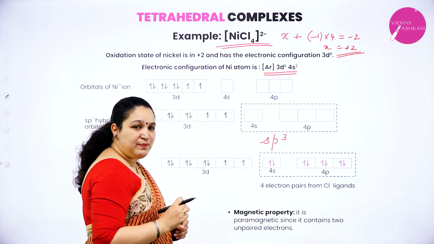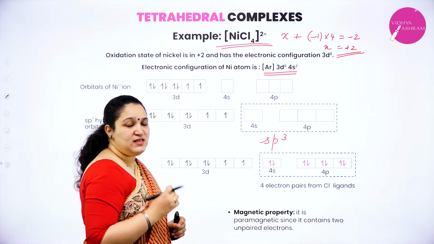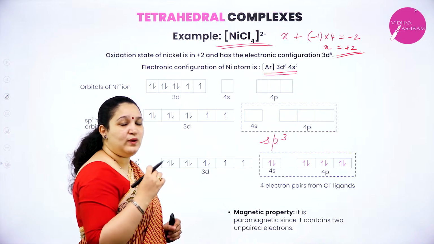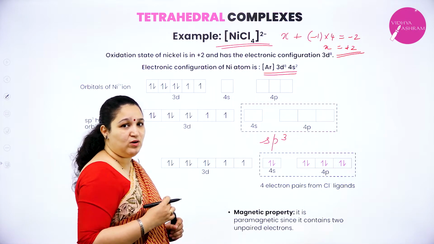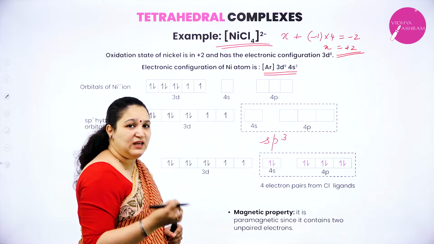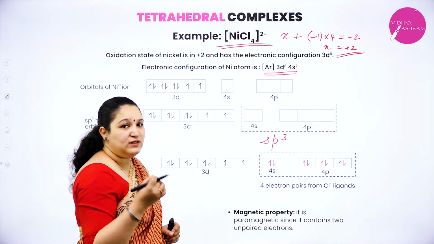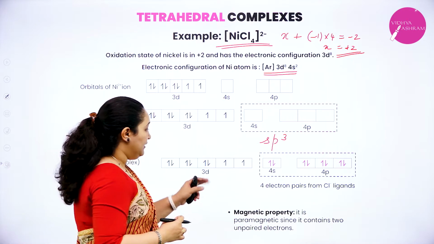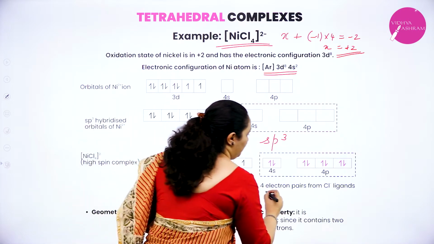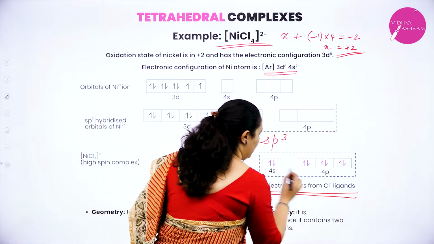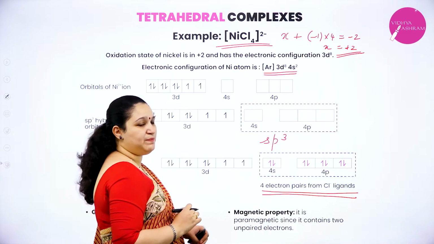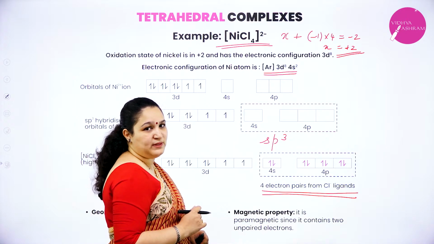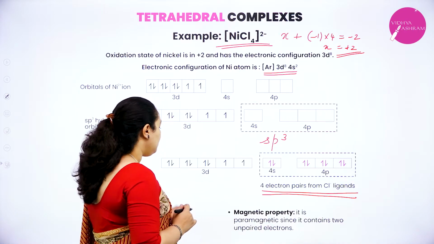Now sp3 hybridized orbital of the metal ion will overlap with the filled orbital of the ligand to form coordinate bond. The electron pairs from the chlorido ligands occupy the sp3 hybridized orbitals. Okay.